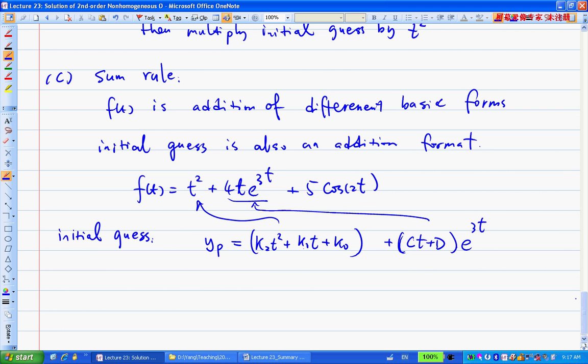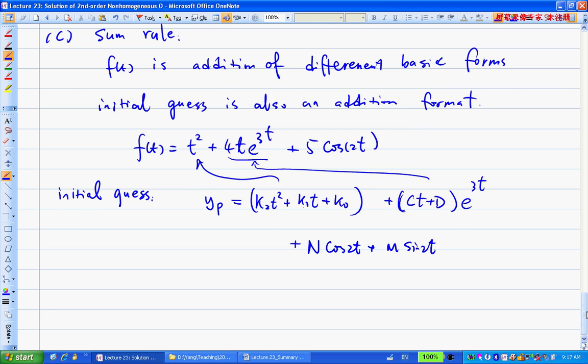And the last one is 5 that, so that's just one sine cosine here. So it's going to be n cosine 2t plus m sine 2t. Now when it comes to solving, this is your lucky guess.